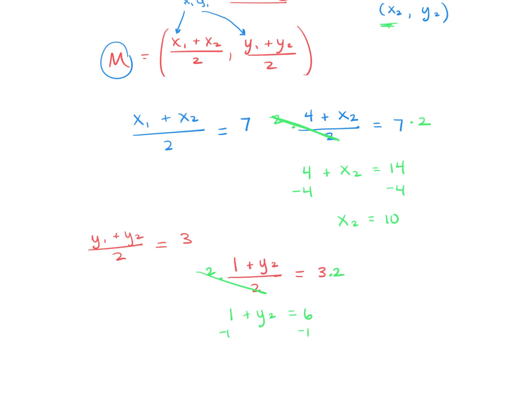We'll just subtract 1, and y2 equals 6 minus 1 is 5. So we have x2 is 10, y2 is 5, and x2, y2 is our other endpoint. So the other endpoint of segment AB is (10, 5), and that is point B.